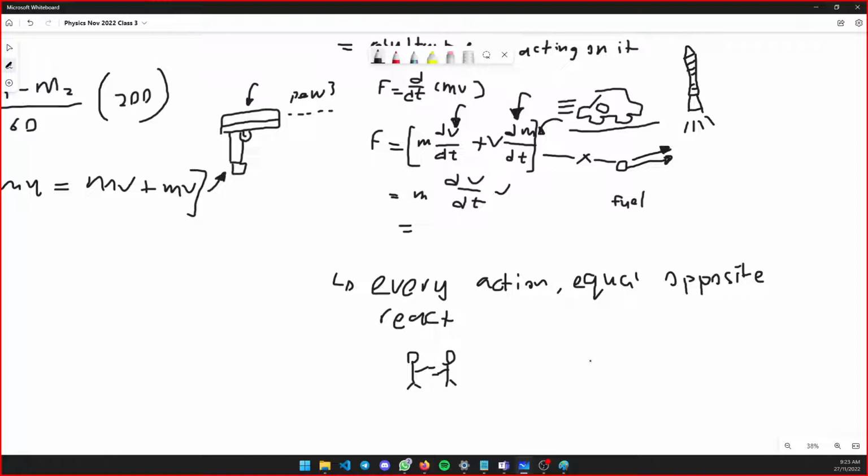When I slap his hand, you will also say his hand is slapping me back, right? The harder I hit his hand, the harder his hand will react back to me. But why do some people, when you hit them so hard, never feel hurt? That's where the mass comes to play, where momentum comes to play.